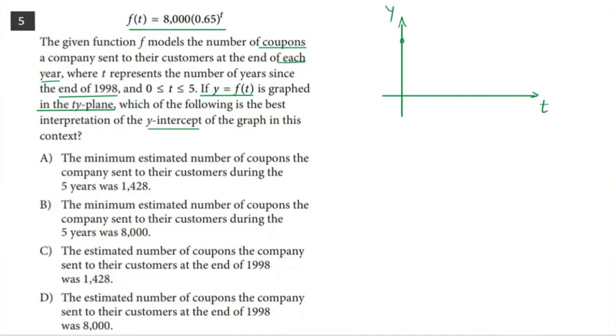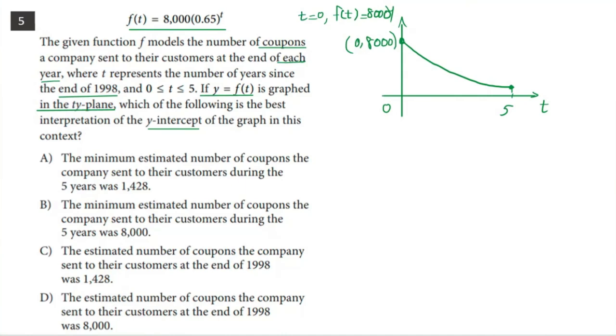And I know that when t is 0, you will get 8,000 because from your indices, the power rule, you know that anything raised to power 0 is 1. So the value when t is equal to 0, f of t, which is the y value, is going to be 8,000. So the graph goes like this. Since it's an exponential decrease, it is within 0 and 5. So this is what the graph of this function will look like.